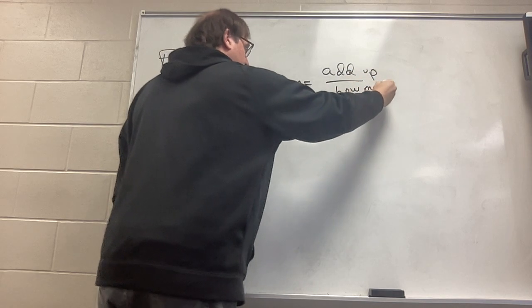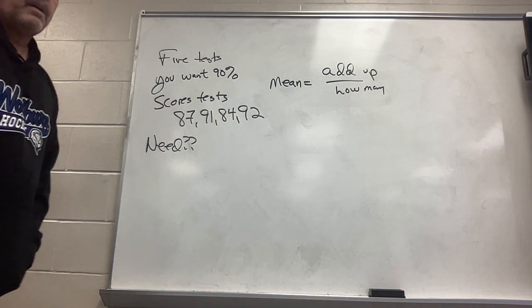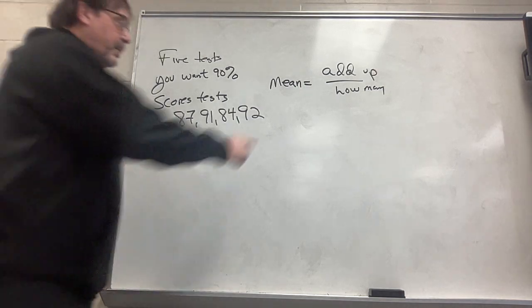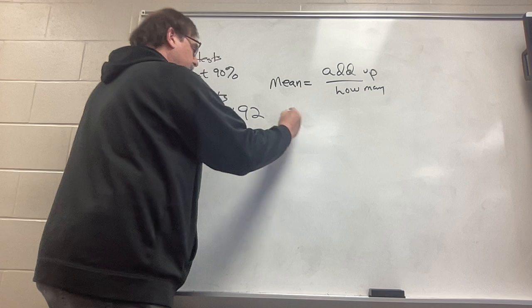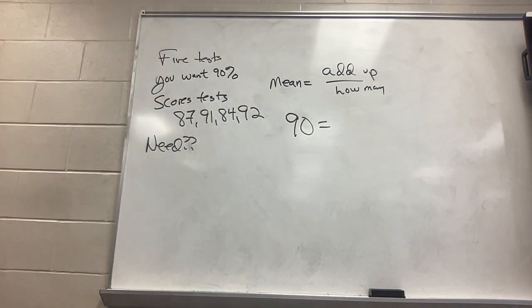You are hoping that your mean is going to be 90. So under the word mean, I'm going to put a 90. Of course you would be pleased if it's more than 90, but you want at least a mean of 90.